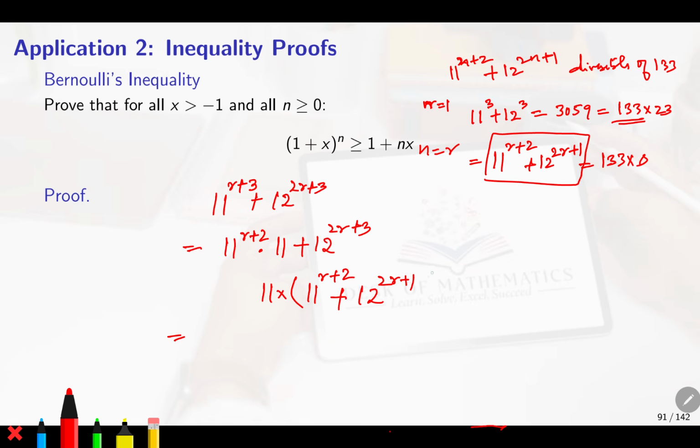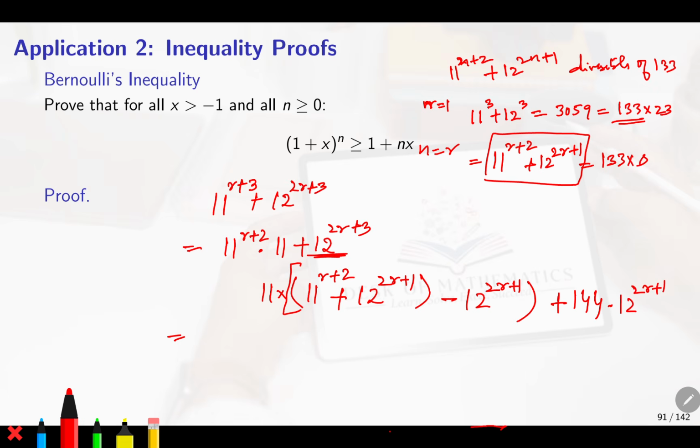That's what 133 is. So minus, take this 11 common, minus 12 to the power 2r plus 1 plus 144, that is 12 square, times 12 to the power 2r plus 1.